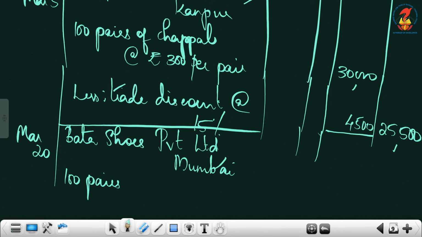Bata Shoes Company, canvas shoes, isn't it? 100 pairs of canvas shoes at the rate of 500 per pair.